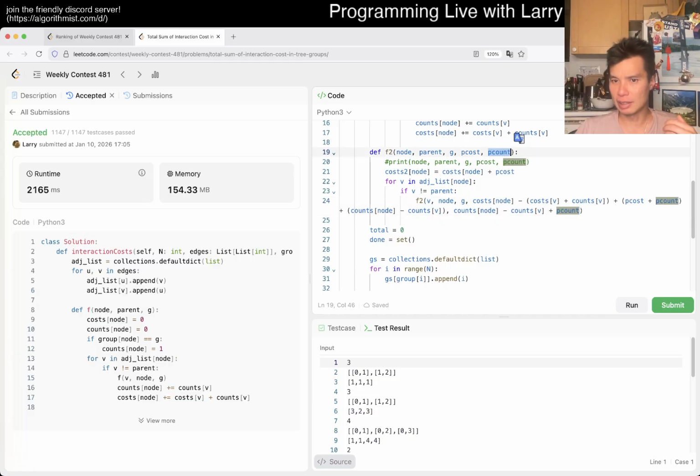P count also doesn't need to be a P count, really. It does get used here, but like I said, P count could be a calculated value. The reason why I don't like it, even though we had to think about it and it's correct, is that you have to think about it and verify that it is correct.